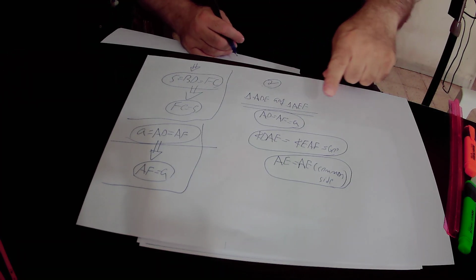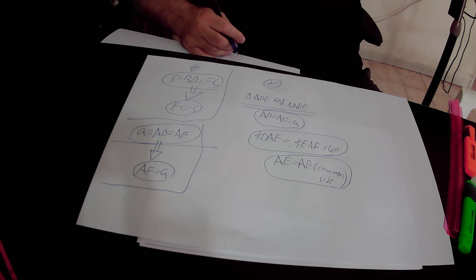Repeat again, side AE equals side AE. It is a common side that belongs to both triangles.